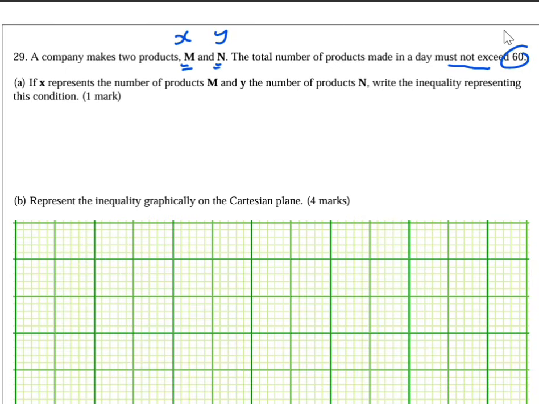Hiyo inamaanisha aje? Those products if you add them isipite 60 equals 60 kurudi chini. So we're going to say M which is X plus Y is less than or equal to 60. That is the inequality. So isipite 60, it must not exceed 60. So inamaanisha it can be 60 or less than 60. Tumesema less than 60 or it can be 60.